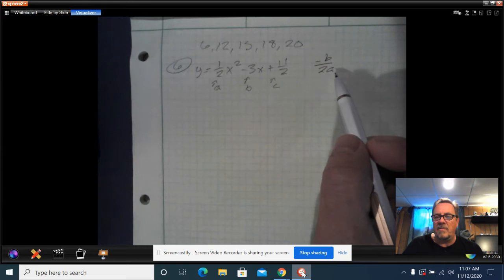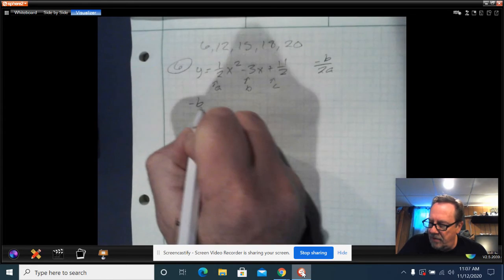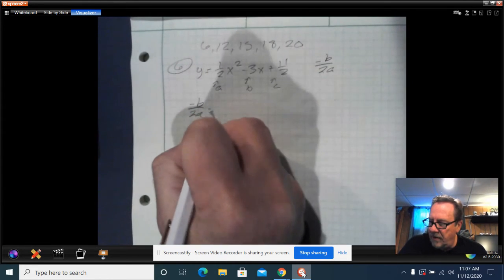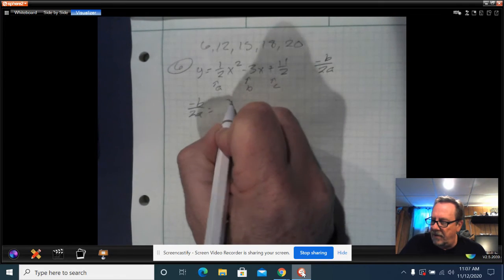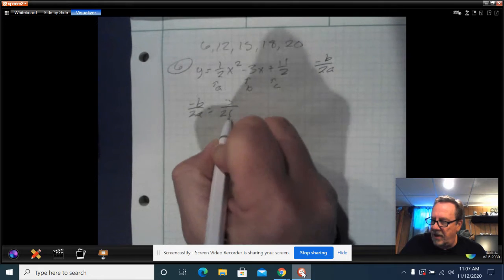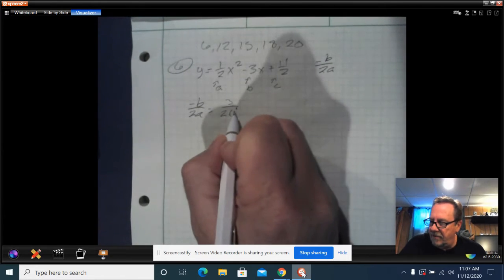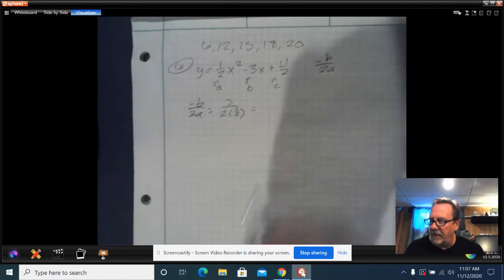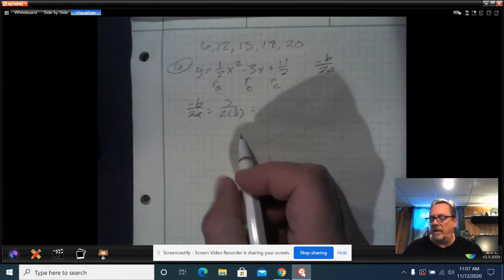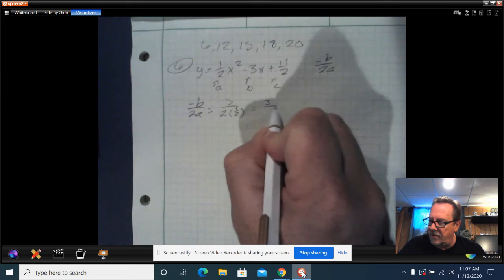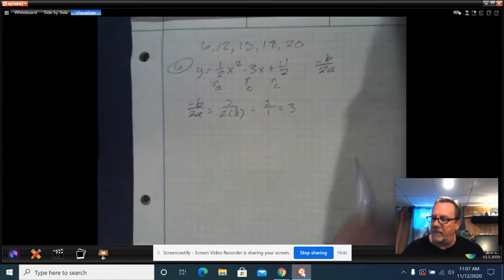So if I use negative b over 2a, that's going to be a negative 3, which is just a positive 3, over 2 times 1/2. So 2 times 1/2 is 1, and so that's going to give us 3 over 1, or just 3.